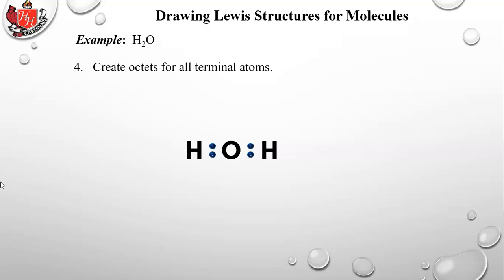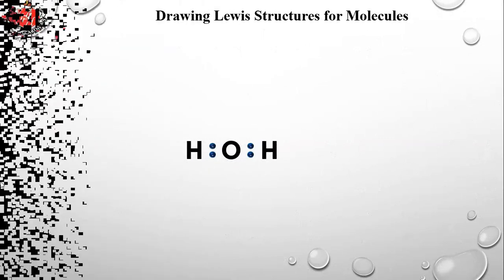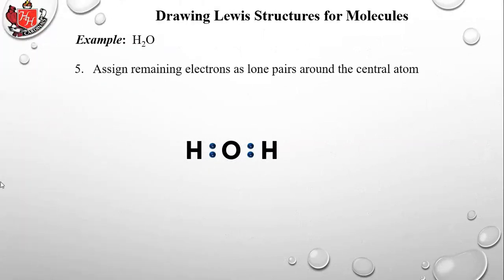4, create octets for all terminal atoms. Well, hydrogen already has a full octet because hydrogen can only hold 2 electrons in its valence orbital, its first orbital. So that's been taken care of, so it has full octets. 5.